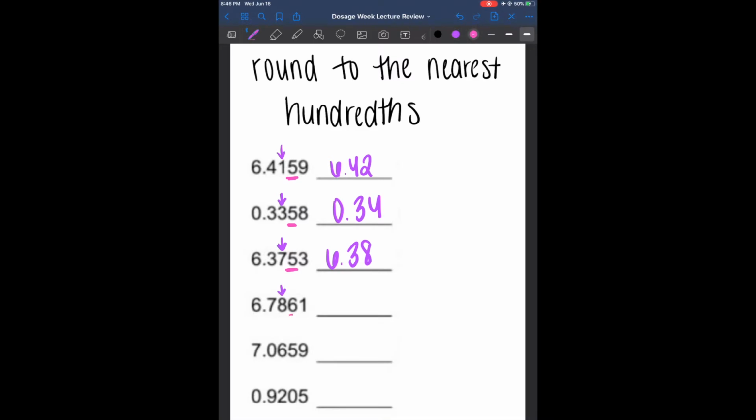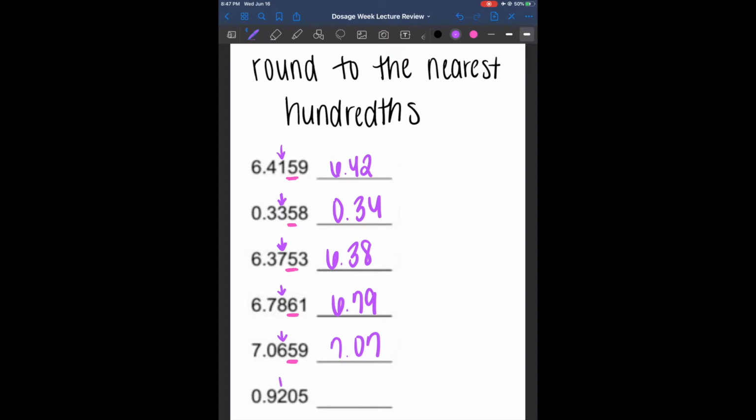Looking at the second number, basing it off the 6. 5 or greater, so we want to add 1 and it becomes 6.79. So this next one, we want to look at our 6 here, but we're basing it off of our 5. 5 or greater, we want to go up, so we're at 7.07.